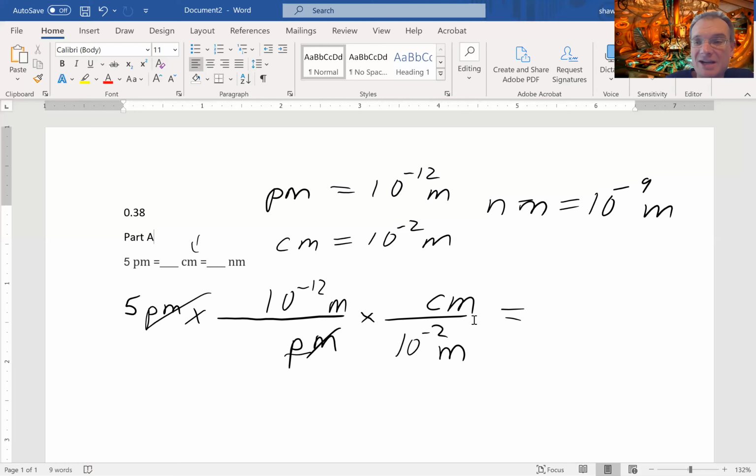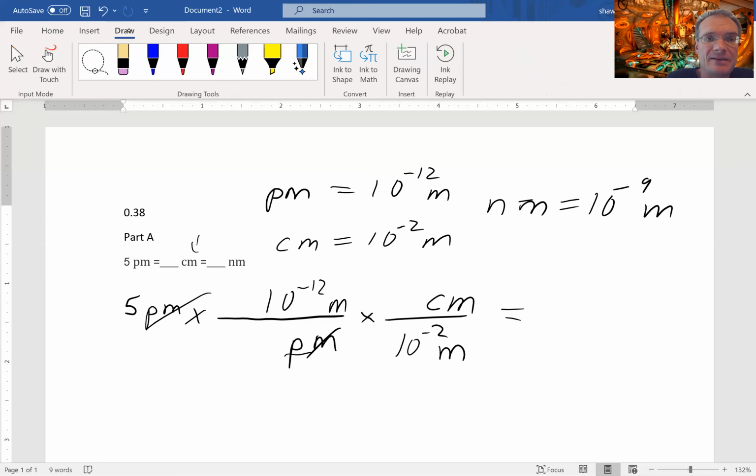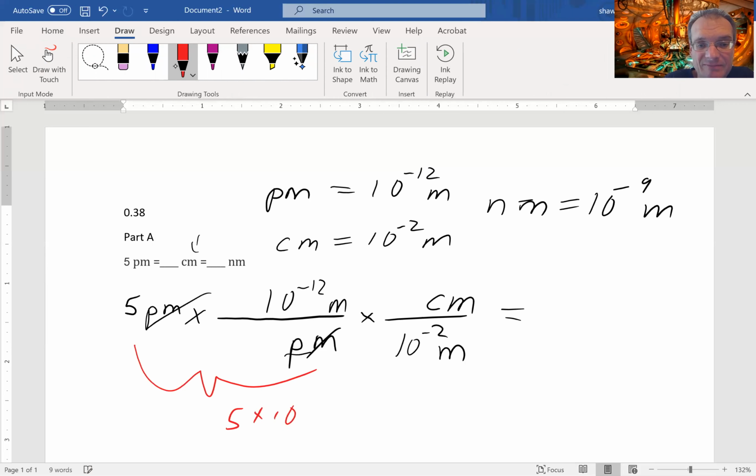So 5 times 10 to the negative 12. Then I'm dividing by 10 to the negative 2nd. And remember, 10 to the x divided by 10 to the y is 10 to the x minus y power.